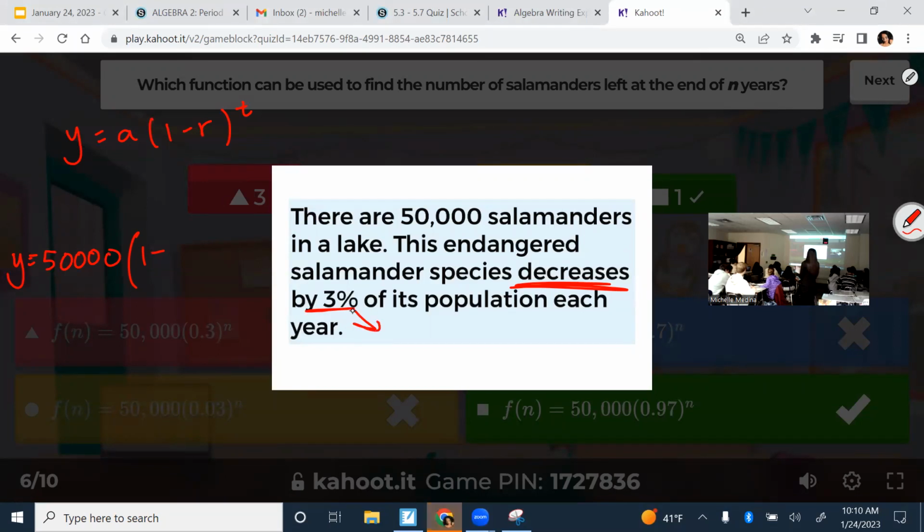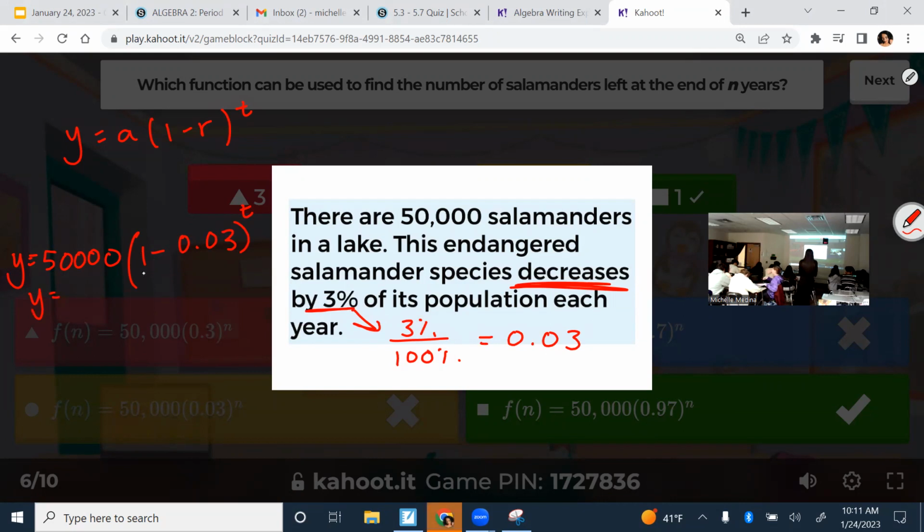How do I convert 3% to a decimal? Good. 3% divided by 100% is what? 0.03, not 0.3. That would be 30%. We want 3%. So 1 minus 0.03 to the t power, or in this case n.